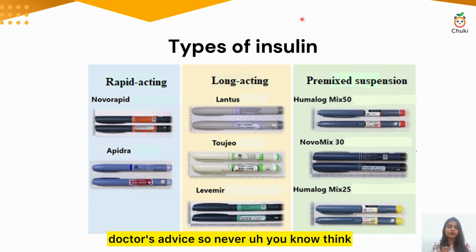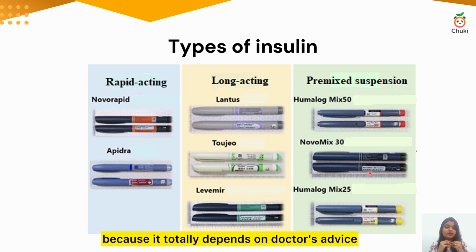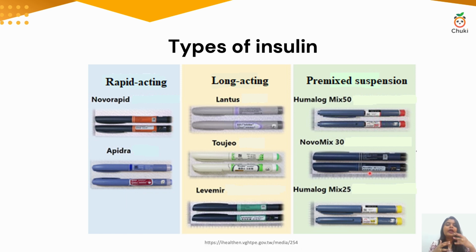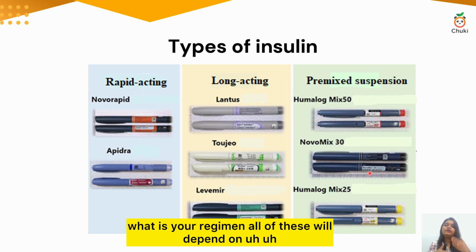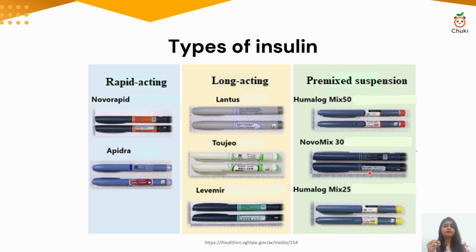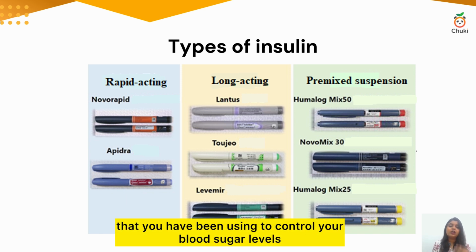Never think that this would be a better option for me, because it depends on your condition, your sugar fluctuations, your treatment plan, and your regimen. All of these determine the type of insulin you use to control your blood sugar level.